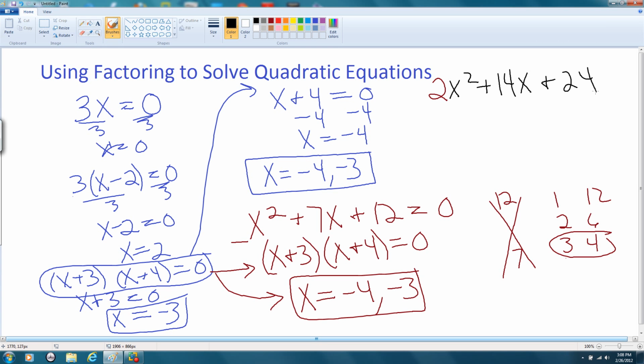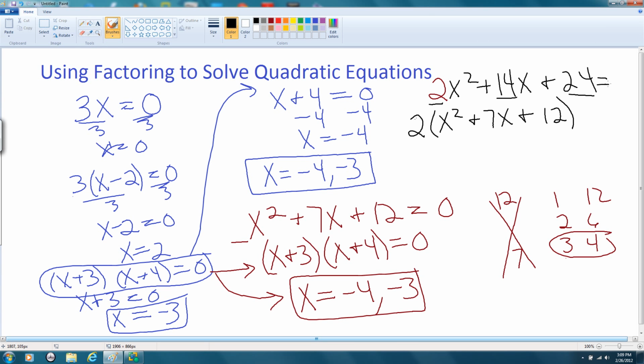Well, if I have that, I see that 2 is a common factor here, here, and here. So I should factor out any common factors. So I get 2 times x squared plus 7x plus 12. Again, just factoring out that common factor. Then I would go ahead and solve it or factor it as I did before.